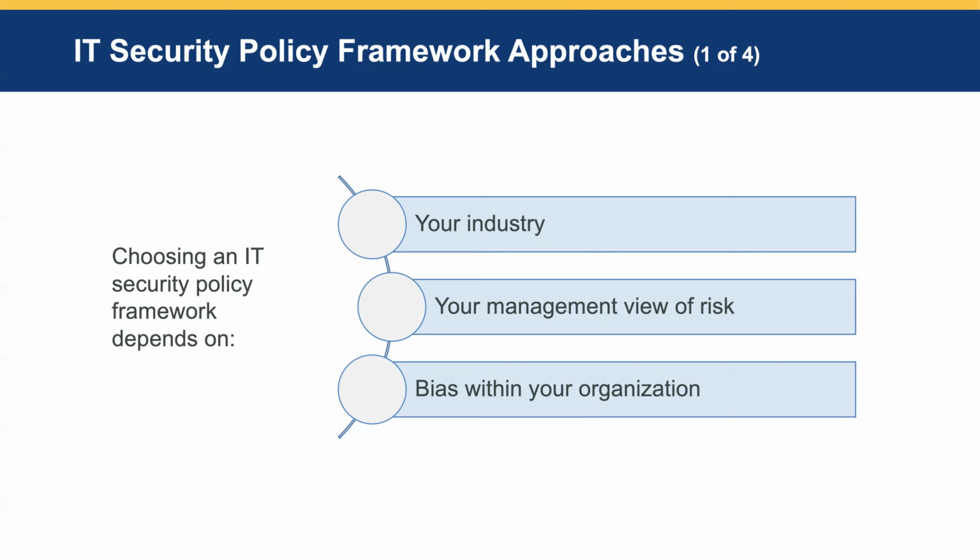Biases are important because biases provide an opportunity for a security risk or breach to exploit the organization. And so those are some key things that we have to keep in mind when we are determining and identifying an appropriate security policy framework.